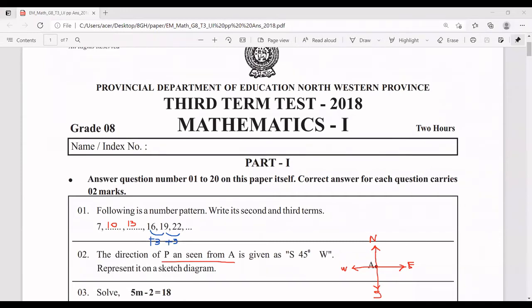Then one arm should be S. One arm should be south. 45 degrees towards west. You know 45 is half of 90. This angle is 90. Then you can draw a line this way. Then it will be 45. Then put that 45 here. 45 degrees.